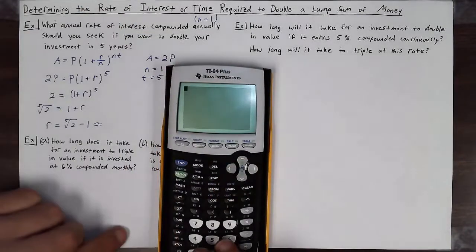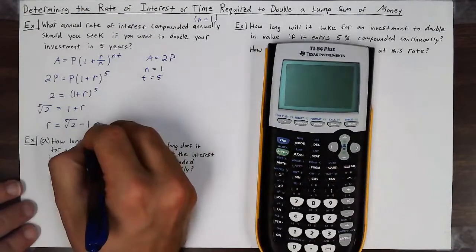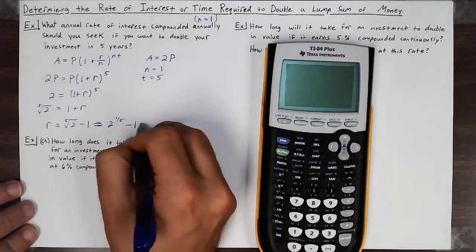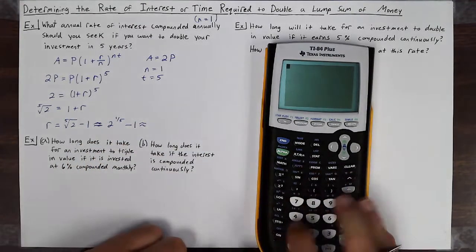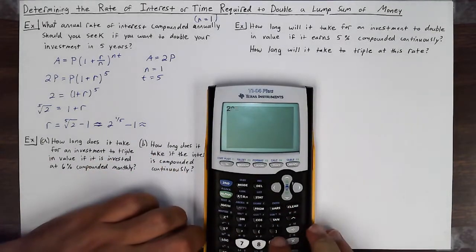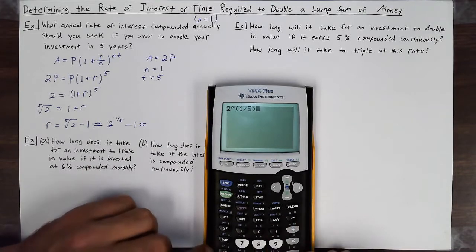Now, if you're doing a 5th root, that's 2 to the 1/5 power minus 1.